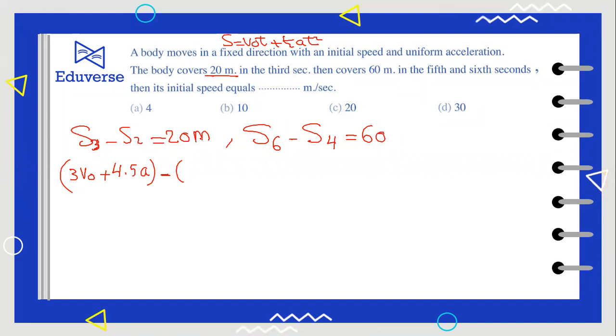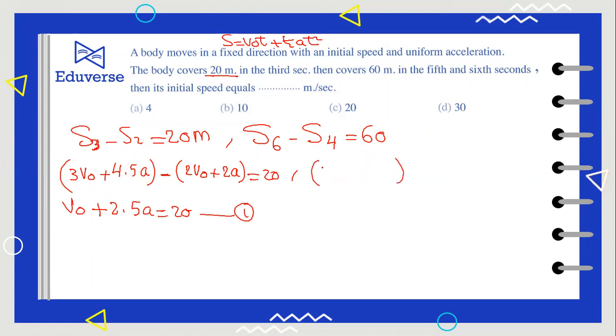Substitute T by 2. 2 V naught plus half of 2 square 4, 2A, equal 20. The difference here is V naught plus 2.5A equal 20. That's the first equation. By a second rule, the second equation I have is S6 minus S4 equal to 60.